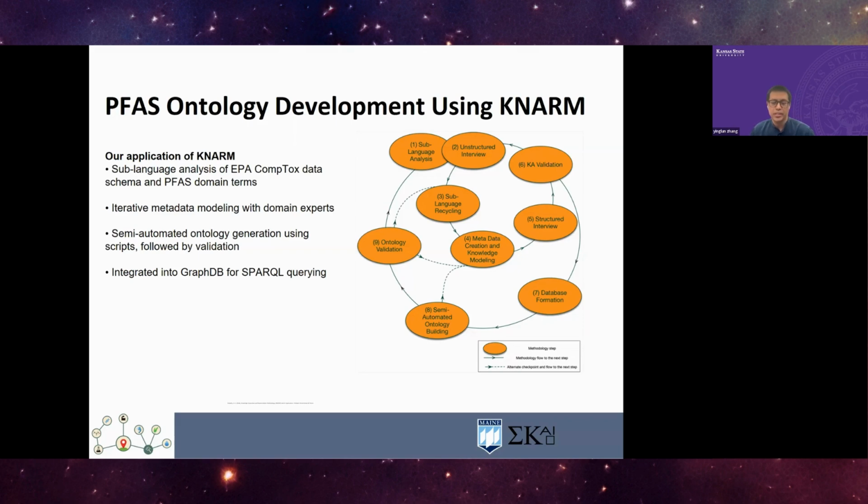Once the structure was agreed upon, we then used the semi-automated tools and scripts to build the ontology, and then we validated it within GraphDB using competency questions and SPARQL queries. This iterative cycle helped ensure that the ontology accurately captures the domain knowledge.